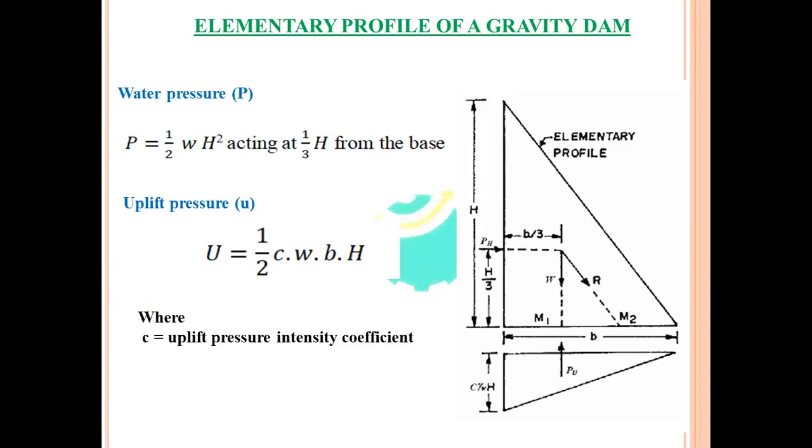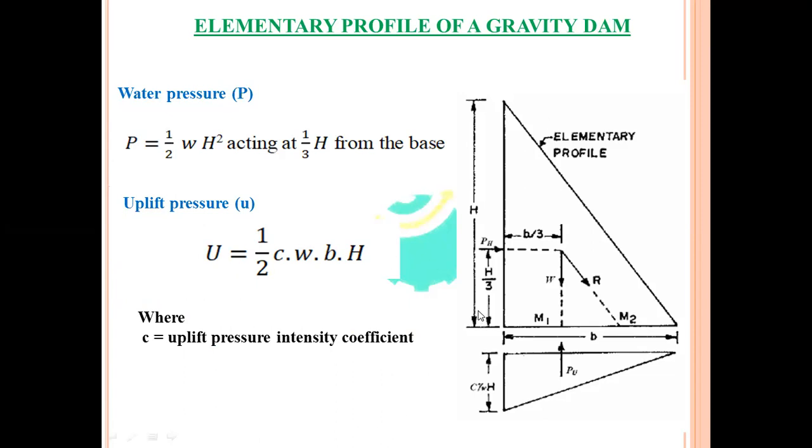Next, second, water pressure. Water pressure P equals half of W H square, where H is the height of the reservoir. At what distance does it act? Acting at 1 by 3 H from the base.